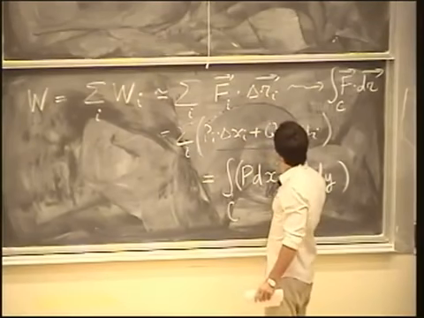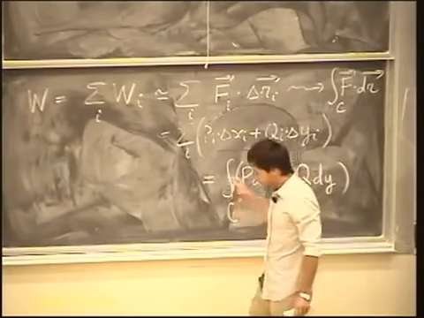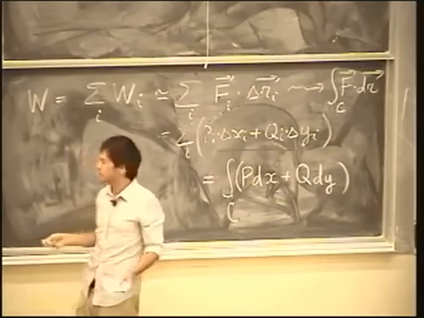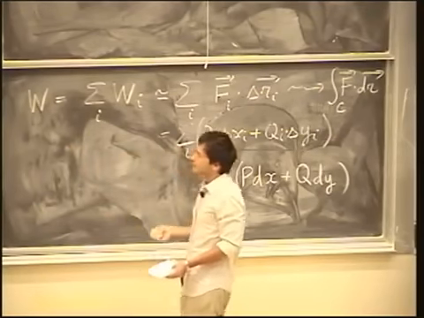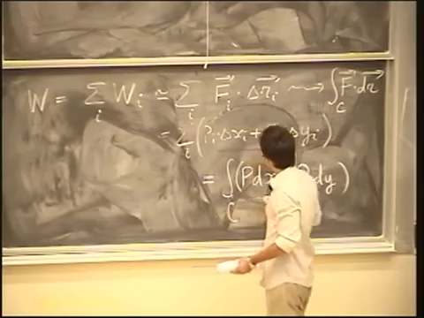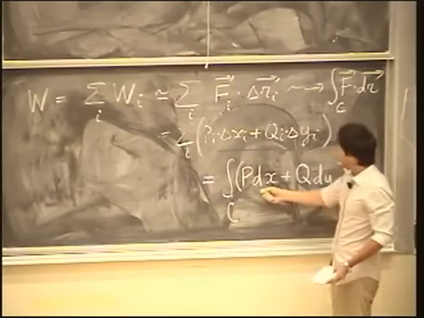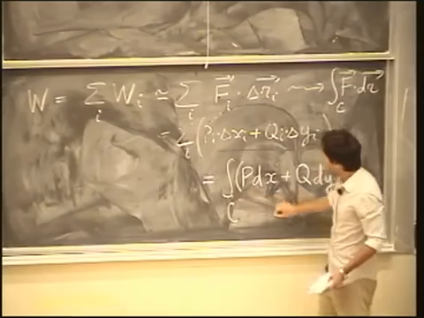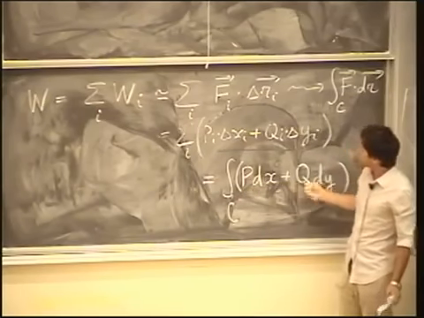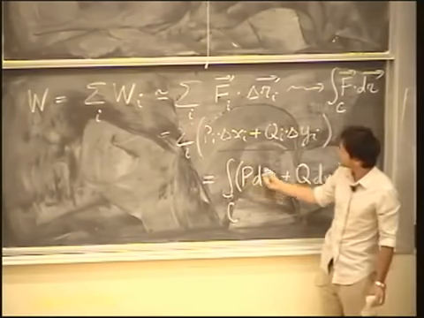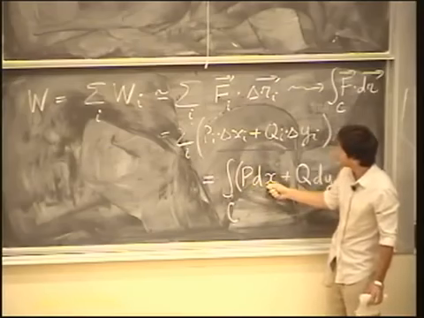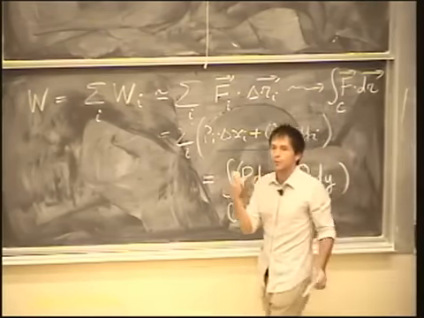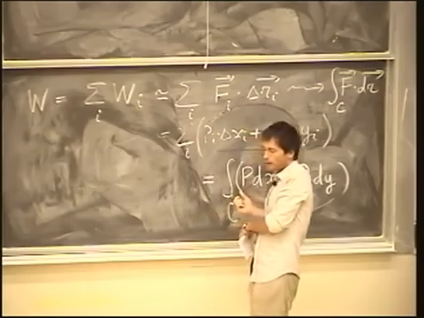So what I would like to say now is that this is not the only type of line integral. As you see, in this line integral, what we are doing, at the end of the day, is calculating an expression like this, where there are two types of terms. One has this form, some function times dx, and the second one is some function times dy. So this already makes you wonder, what are these dx and dy?